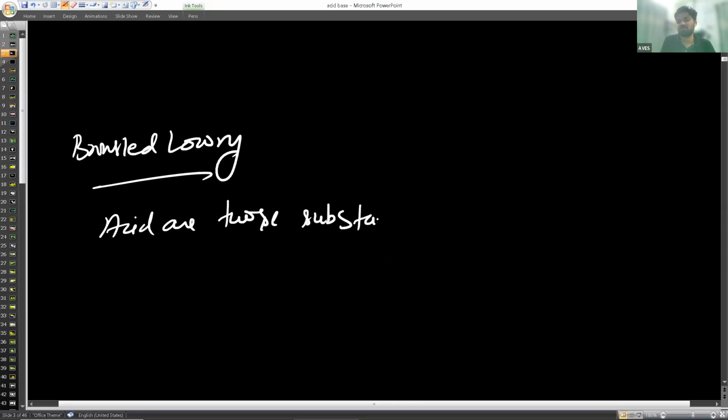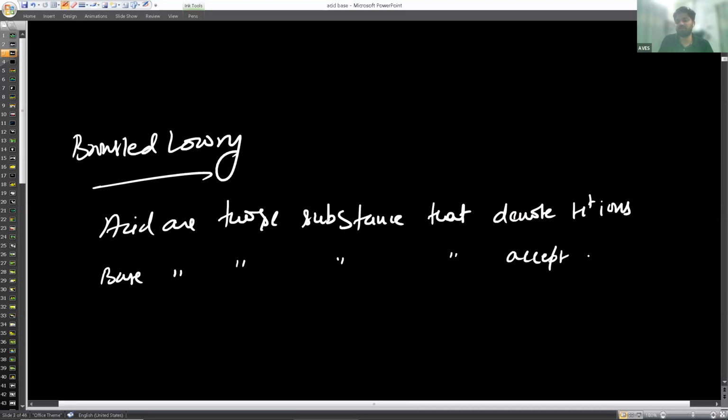Bronsted-Lowry said that acids are those substances that donate H plus ions, and bases are those substances that accept the H plus ions.